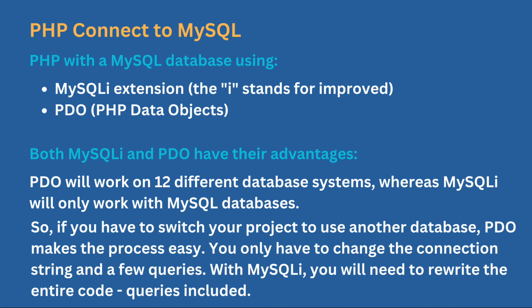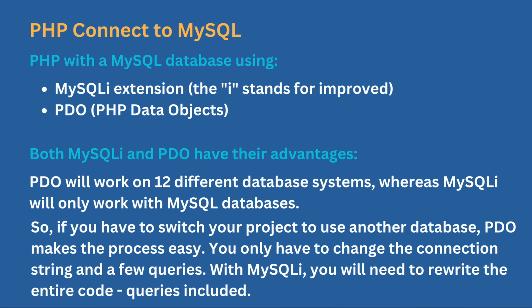If you have to switch your project to another database, PDO makes the process easy. You only have to change the connection string and a few queries. With MySQLi, you will need to rewrite the entire code, queries included.